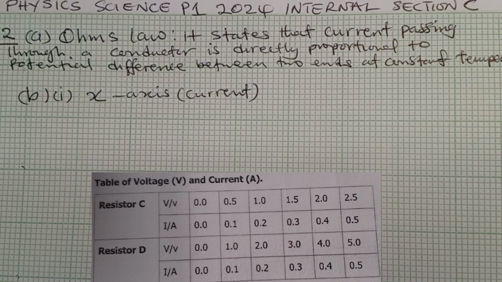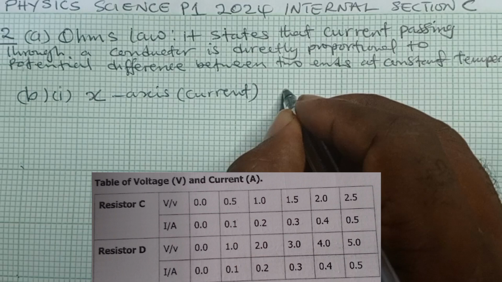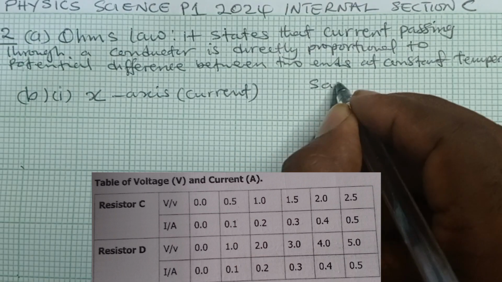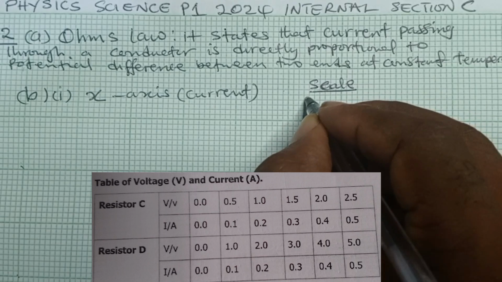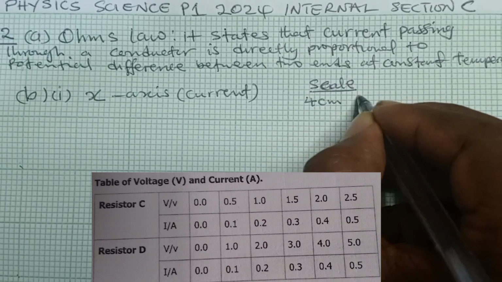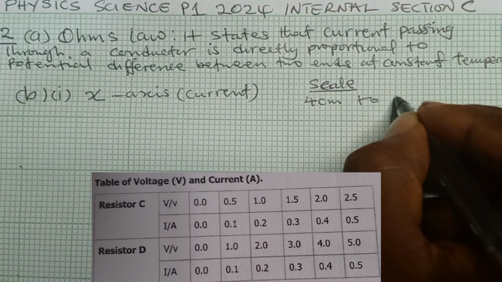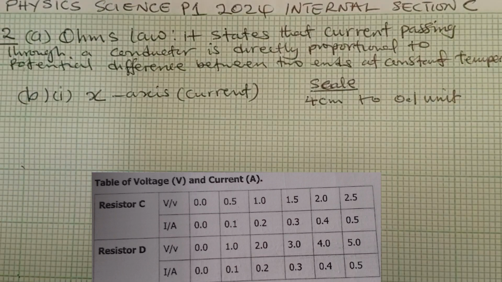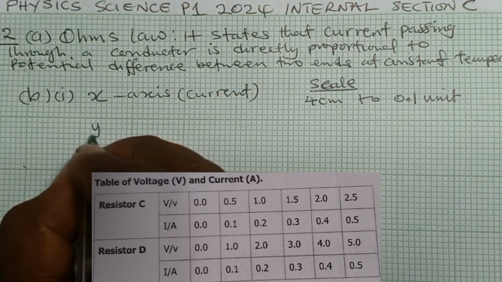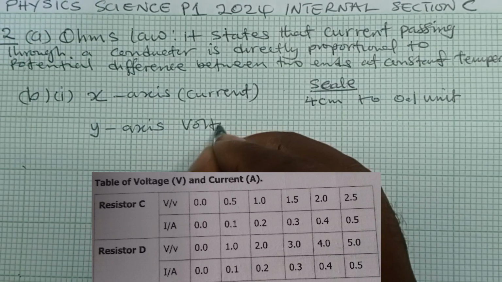So for the x-axis, let the scale be 4 centimeters to 0.1 unit. Then for the y-axis, it is voltage.